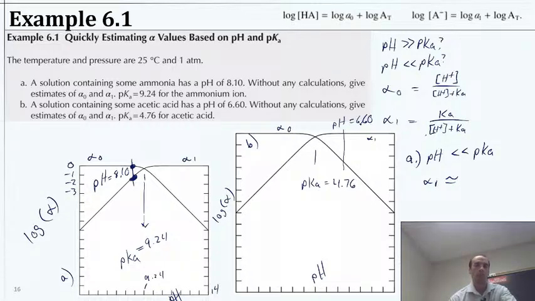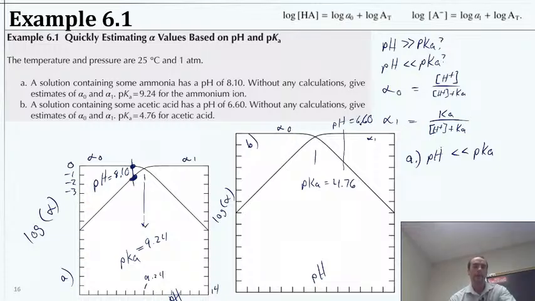So on the right-hand side, alpha 1 would become approximately 1. I'm sorry, that's not at all relevant because that's not where our pH is, right? Our pH is less than.